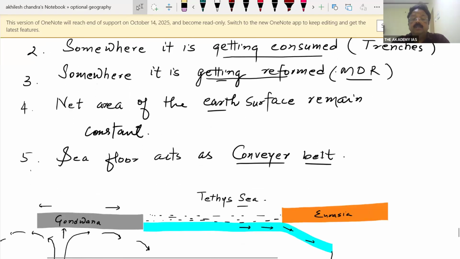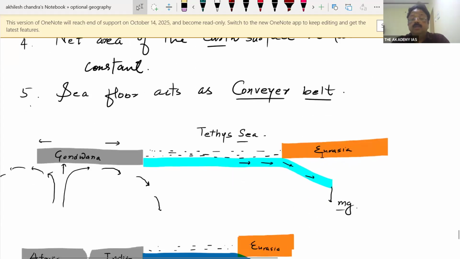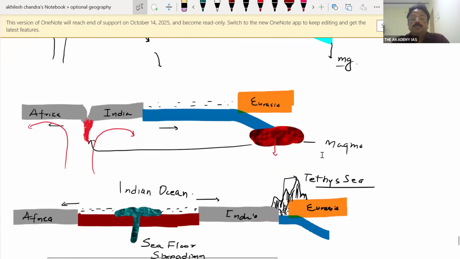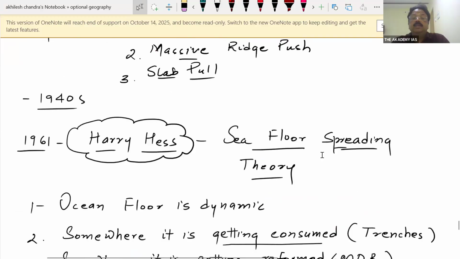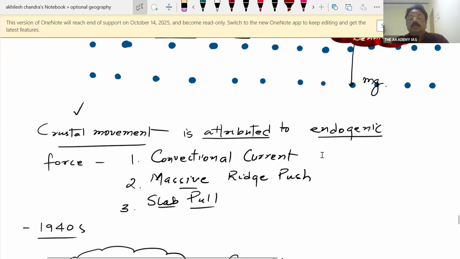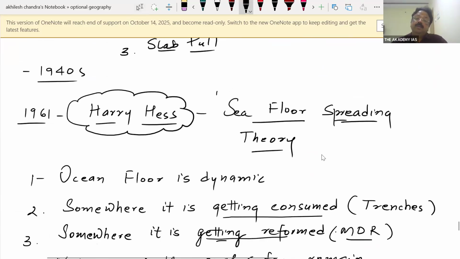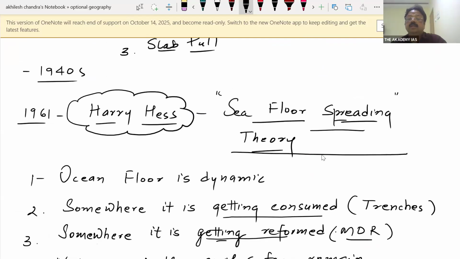Seafloor spreading takes place, new ocean floor is formed, and near subduction zone, there is a consumption of seafloor. Basically, the name of this theory must be seafloor consumption and seafloor spreading theory. But seafloor spreading is going to cause the drift in the continent. That's why it has been taken as the heading of this theory.